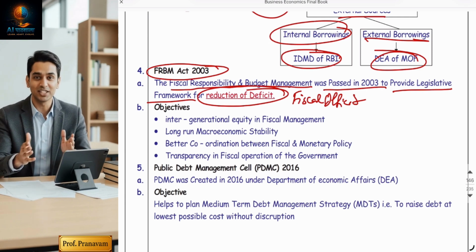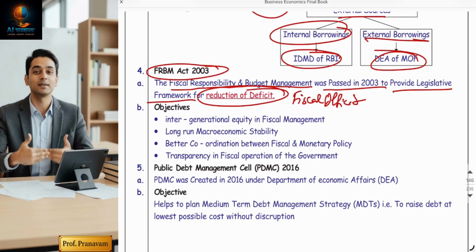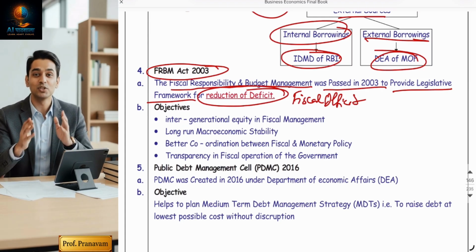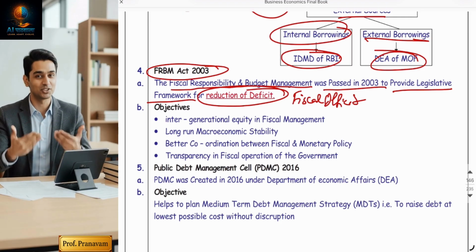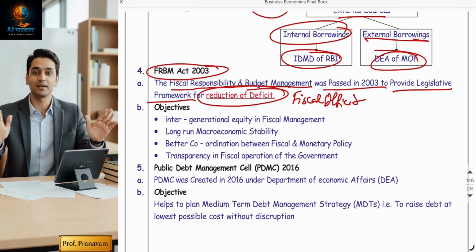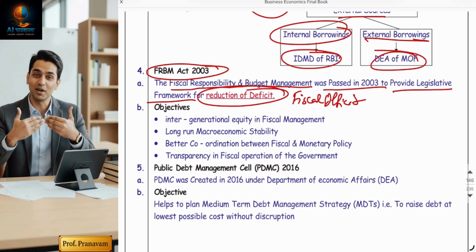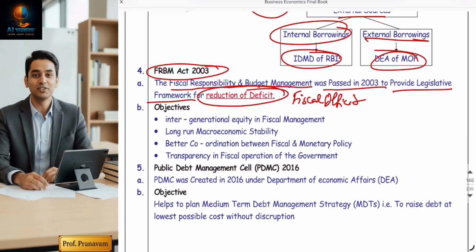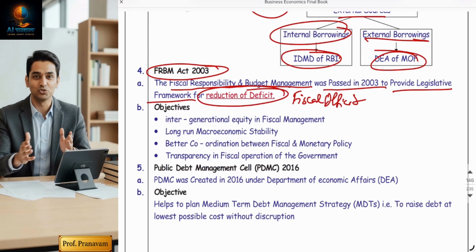The Indian government was not able to come out of that vicious circle of borrowing and interest burdens. So the government realized one organization should manage fiscal deficit, because more fiscal deficit will lead to more borrowing. With a long-term vision to reduce fiscal deficit, the FRBM Act 2003 was introduced.